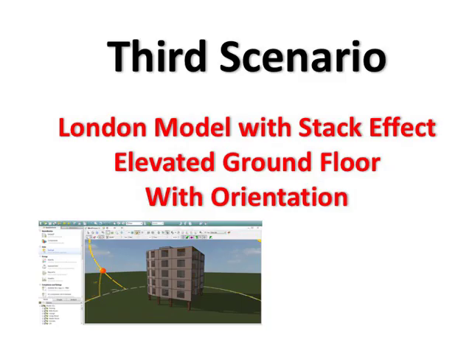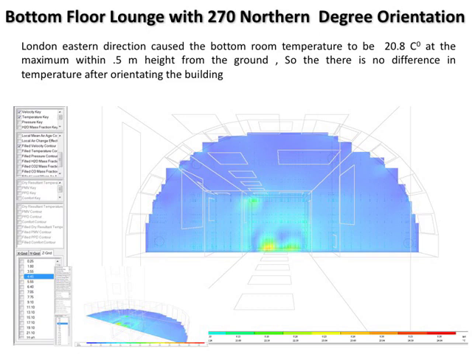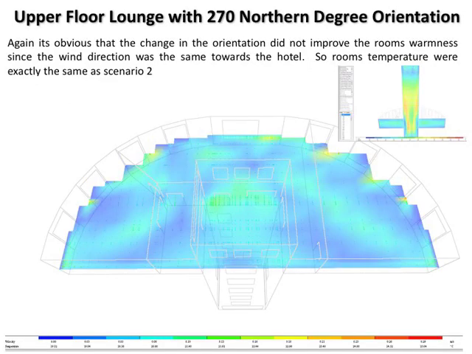From the second scenario, we again tested a third scenario with changes in the hotel orientation, adopting the same previous criteria and operation to check if there is more enhancement of the stack effect among the hotel in London. So it's assumed that the orientation changed from 90 degrees to 270 degrees from the northern direction of London, which is the eastern direction.